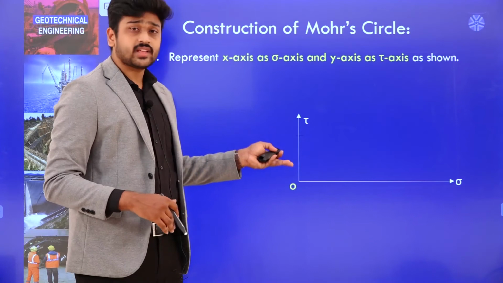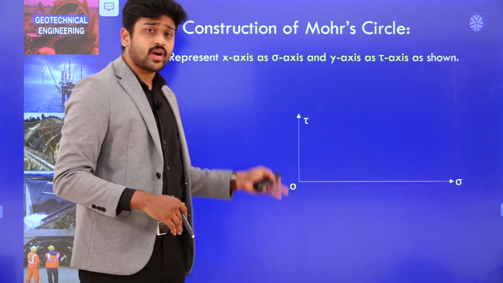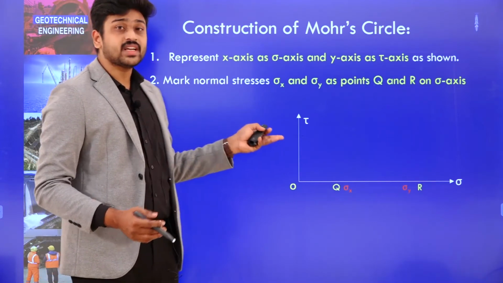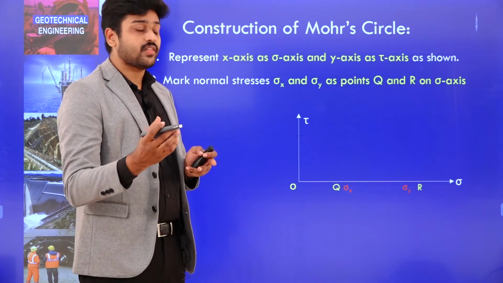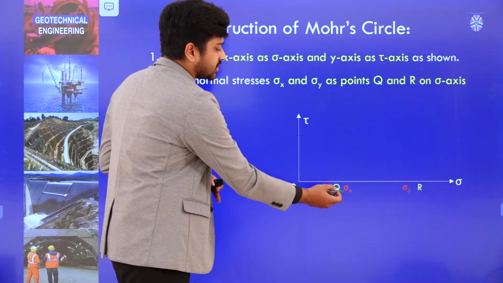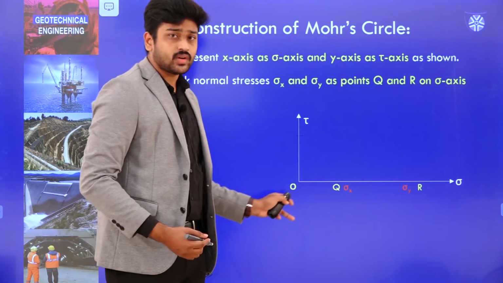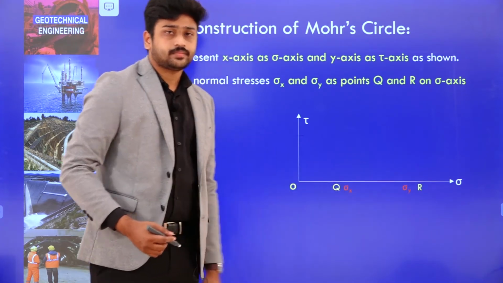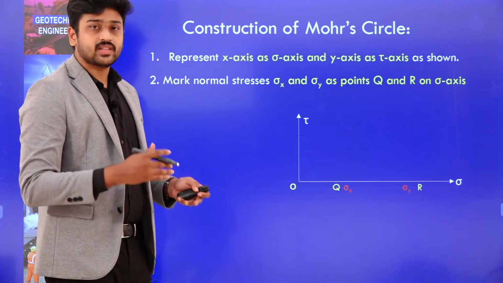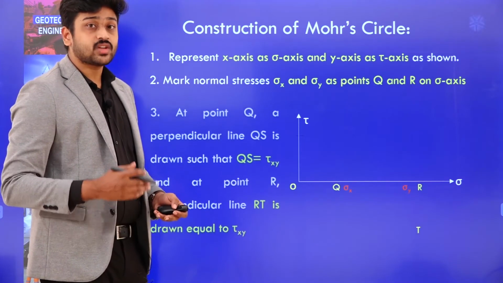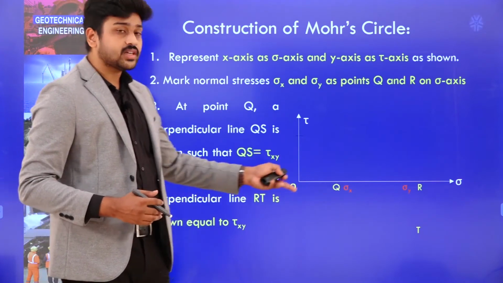First you take the x coordinate as the sigma axis and the y coordinate as the tau axis. Once you have done this, you represent your values of sigma x and sigma y, taking the scale as the same. Let us suppose sigma x is at point Q and sigma y is at point R. You mark these on the sigma axis, and then using the shear stress tau xy, you represent them on the graph.